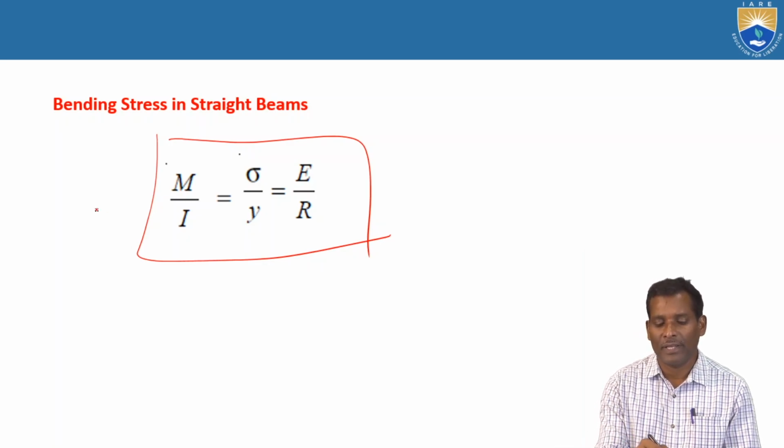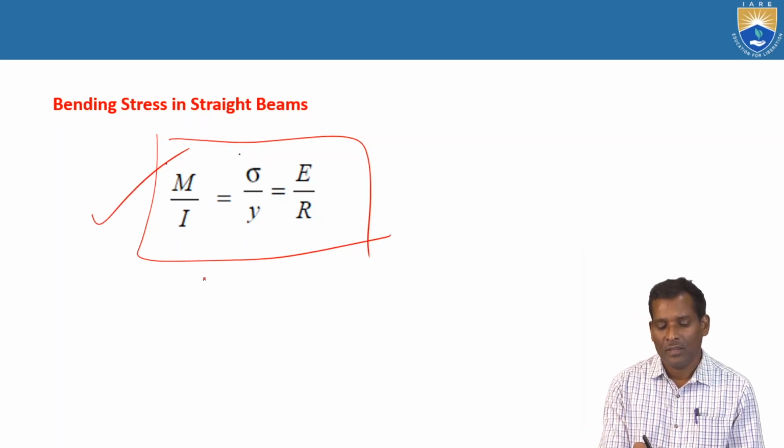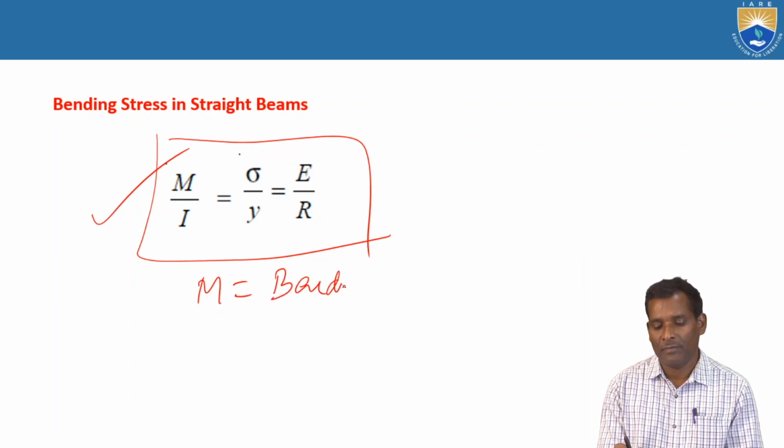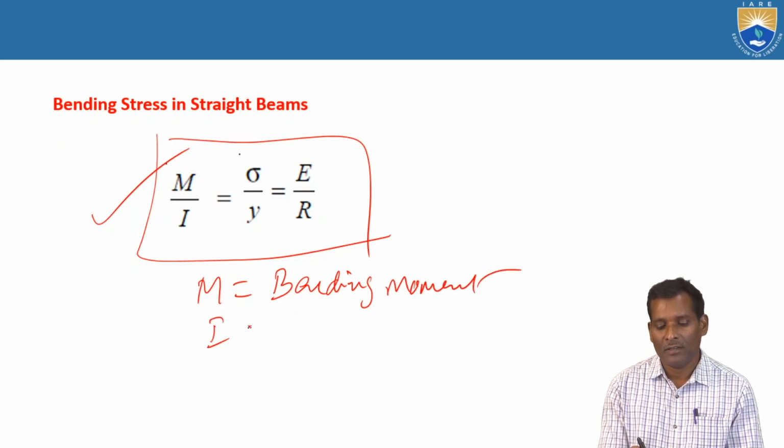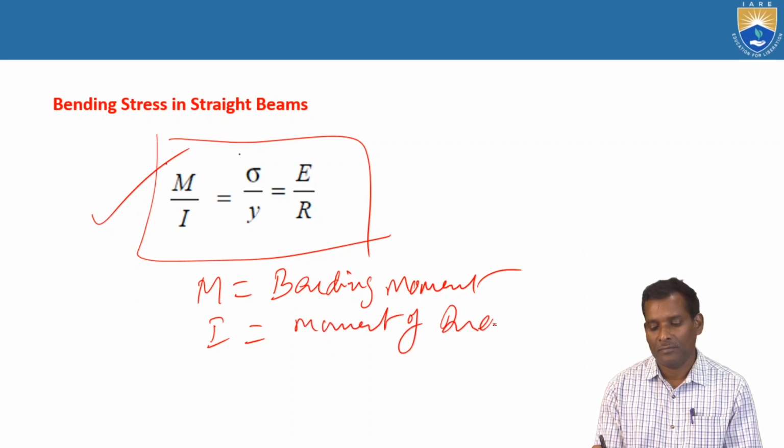The equation is M by I is equal to sigma by y is equal to E by R. Where M is bending moment, I is moment of inertia, and sigma is bending stress.